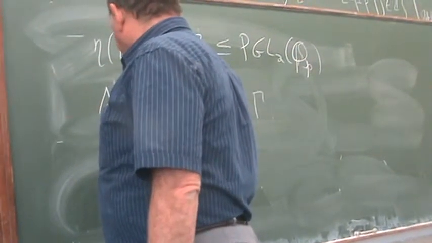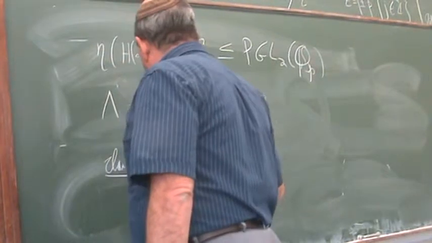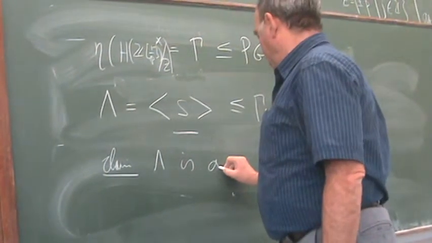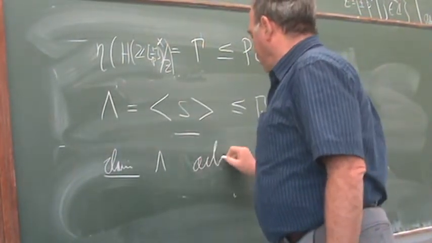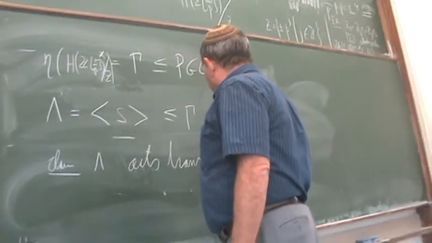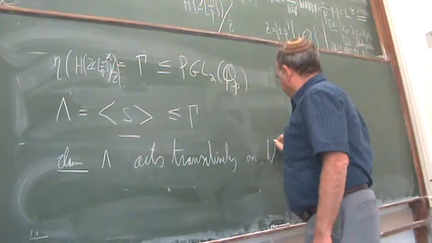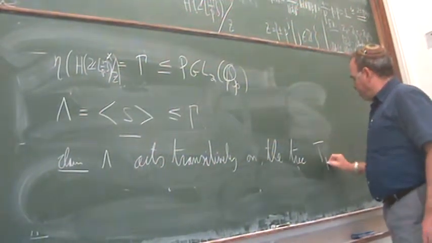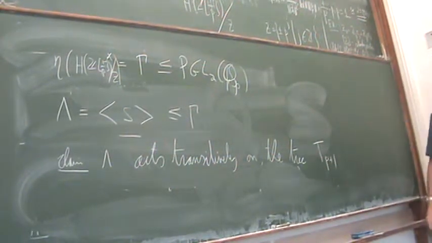So the claim, first of all, is that lambda acts transitively on the tree, the p plus 1 tree associated with this.